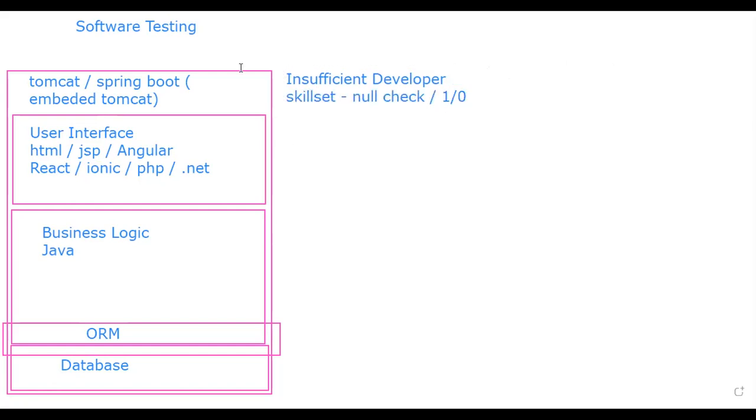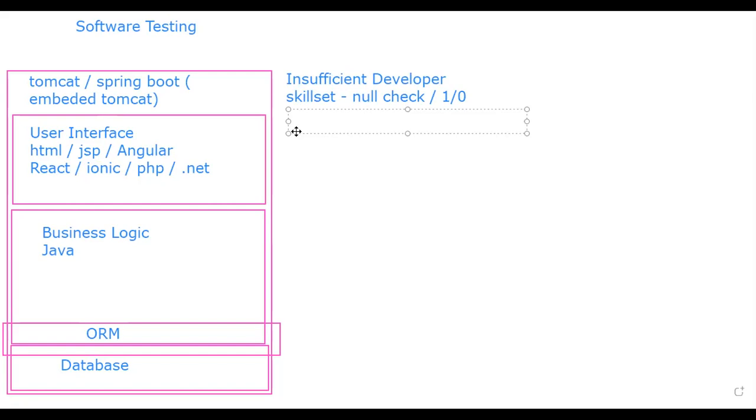What other issues can you think of? How can errors come into the system? What are the different ways? There will be multiple ways, right, Rajesh? The first thing you told, if you don't know anything, you're going to get errors.